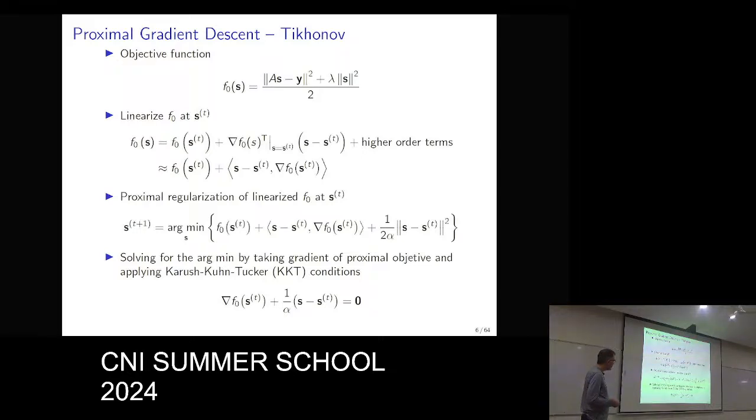Okay? So I can make this step size arbitrarily small by going with a very small lambda. So for now, we're still in a domain where everything is very well behaved. So I can solve this particular proximal gradient descent by taking the gradient of the objective and then applying the KKT condition.